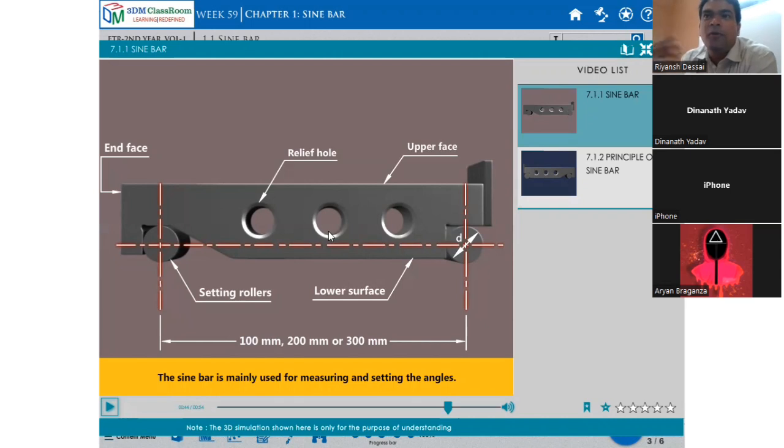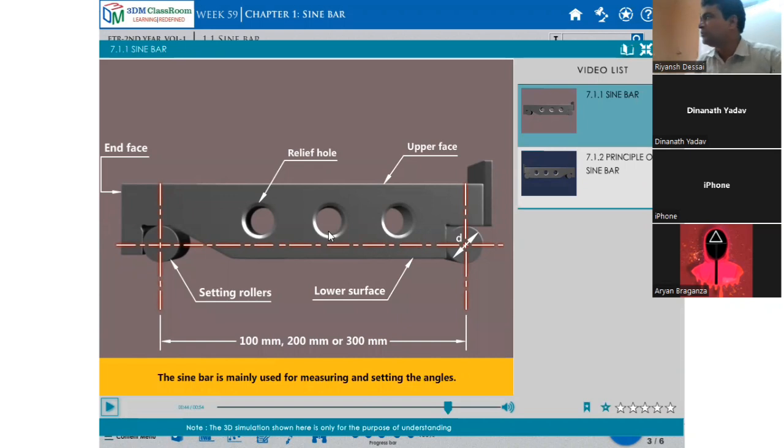What is the accuracy of our bevel protector? 5 minutes. Very good. We can measure up to 5 minutes on the vernier bevel protector, but below that, up to 1 minute, we can measure by using a sine bar. So this much accurate an angle we can measure by using the sine bar.